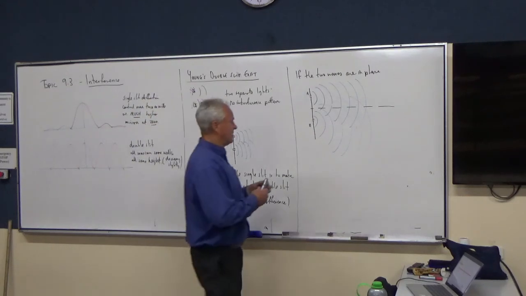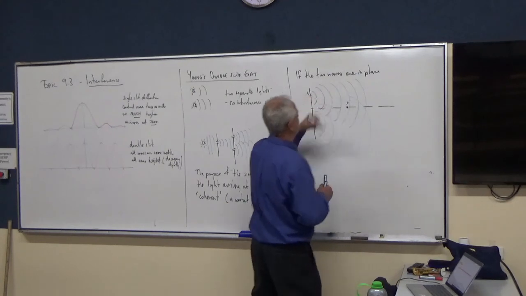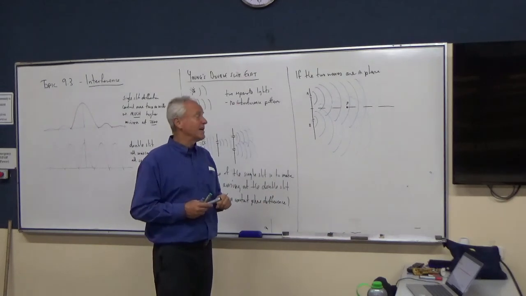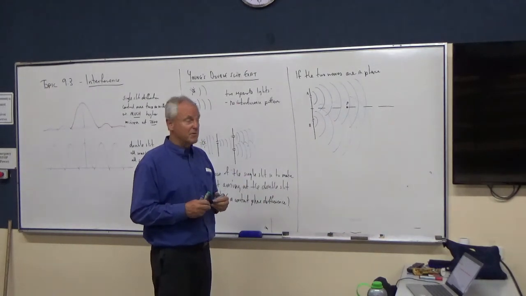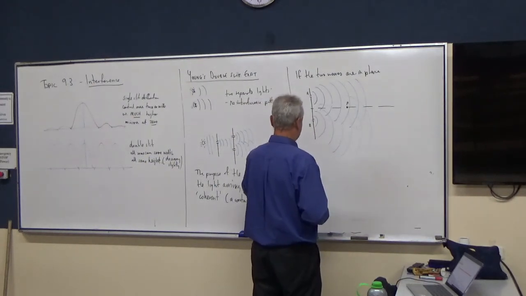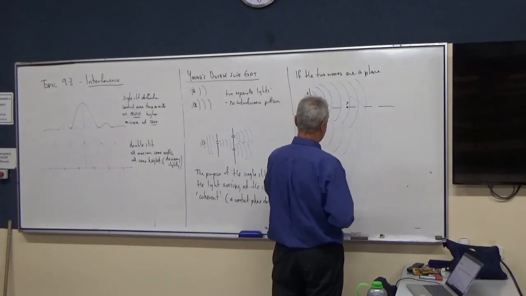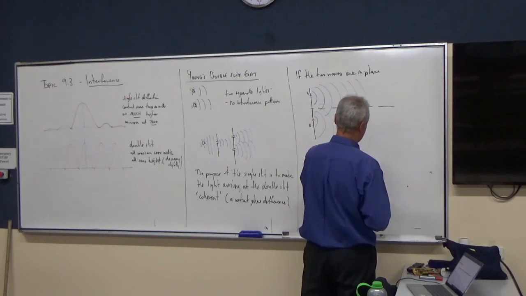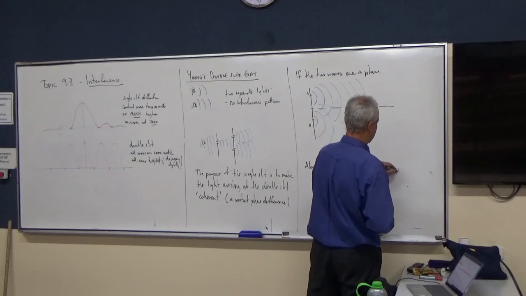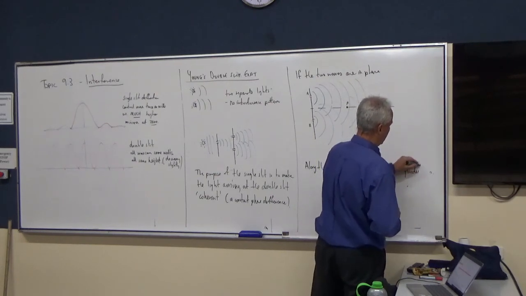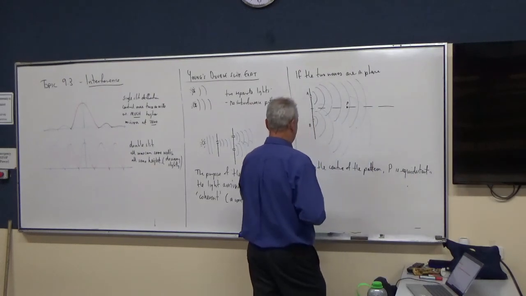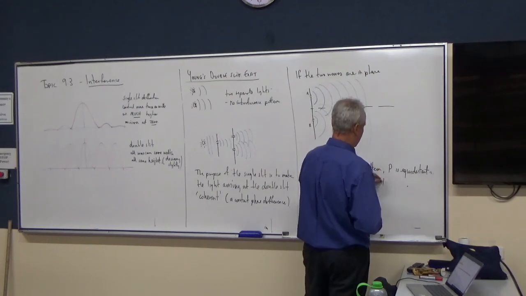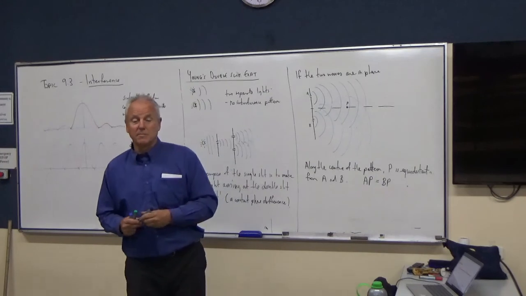Anywhere along the centre of the pattern, so a point P along the centre of the pattern, must be the same distance from A and B. So AP is equal to BP.